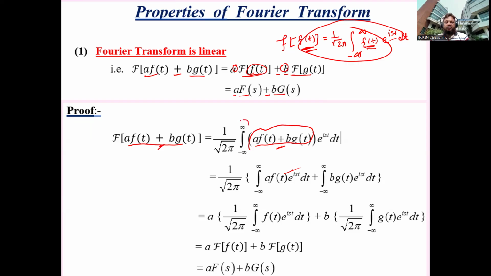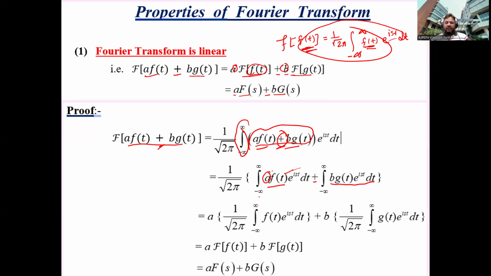Then we can distribute the integral sign on both functions: negative infinity to positive infinity, a f(t) e to the power ist dt. Similarly, plus or minus, negative infinity to positive infinity, b g(t) e to the power ist dt.